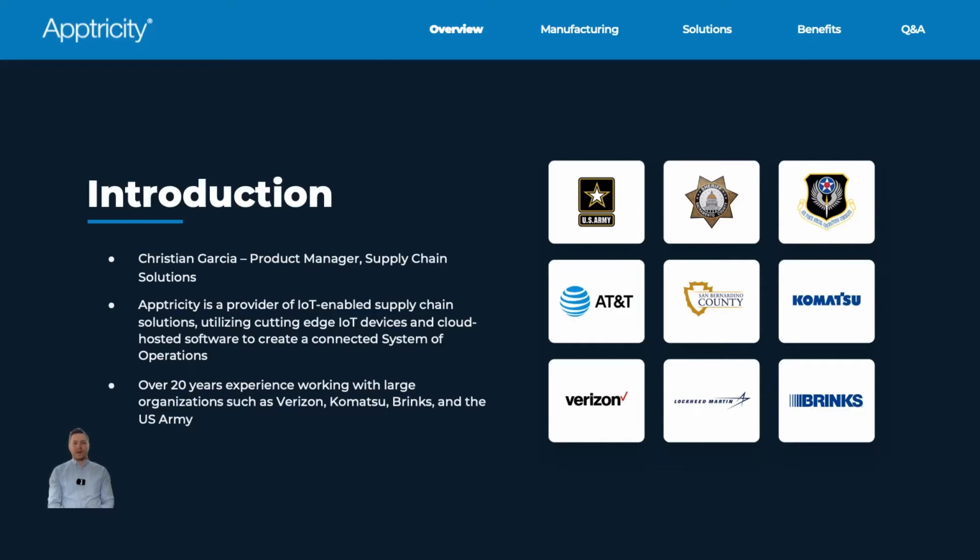Apptricity, as a company, is a provider of IoT-enabled supply chain solutions. We utilize cutting-edge IoT devices and cloud-hosted software to create what we like to call a system of operation. If you've never heard that term before, a lot of companies deploy what we refer to as a system of record, an ERP solution. What those solutions tend to lack is the day-to-day insight into operations.